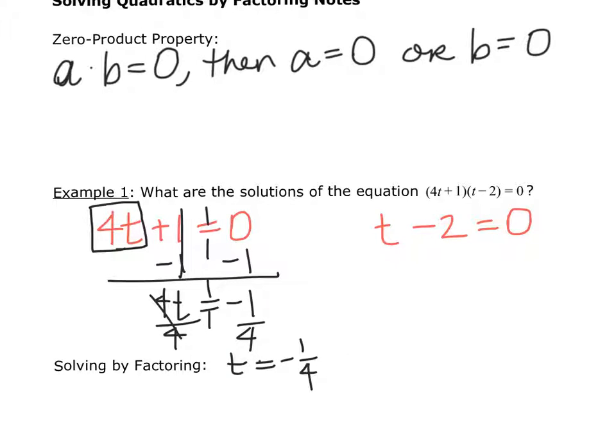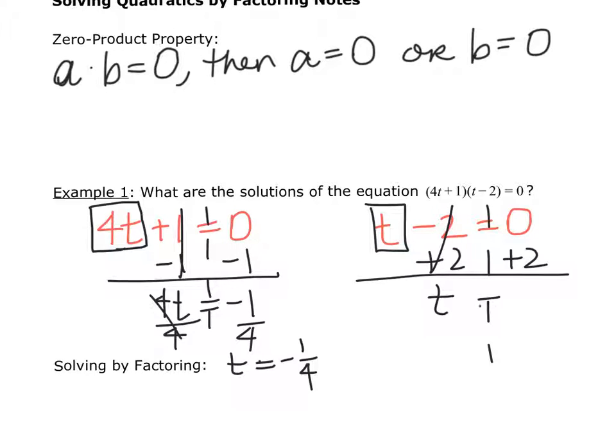All right, in the second equation, I have t minus 2 equals 0. Jaden, what do I got to do to get that t by itself? How do I move that minus 2? What's the opposite of minus 2? So we're going to add 2 to both sides of the equation.